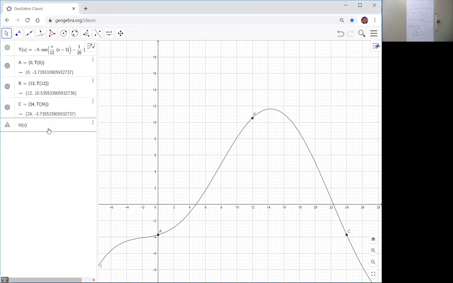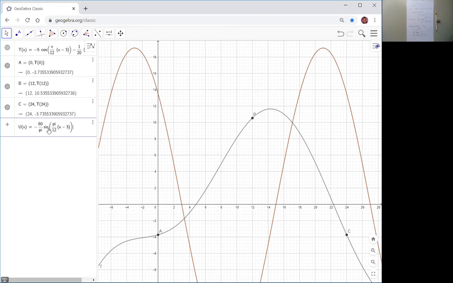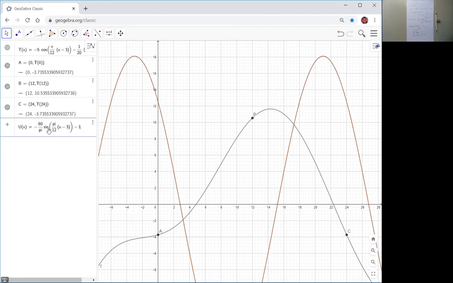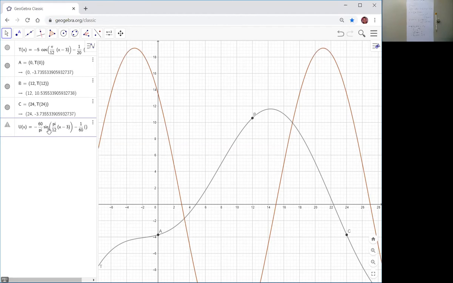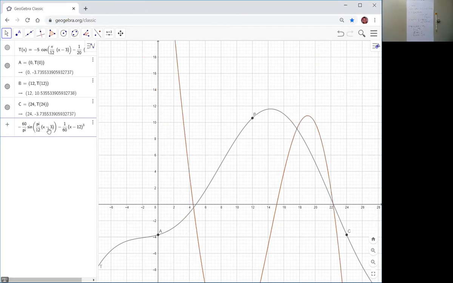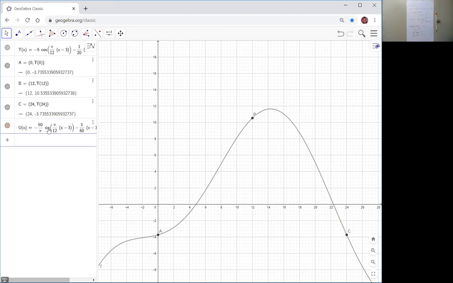U of x is minus 60 over pi times sine of pi on 12 times x minus 3 minus a 60th of x minus 12 cubed plus 7x.